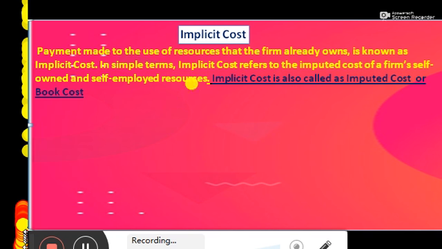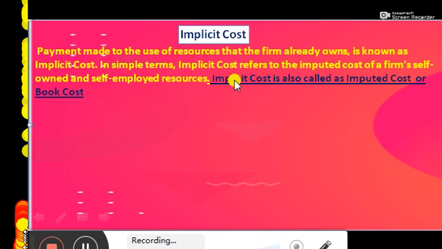This cost is not measured in monetary terms, it is measured by value. If an owner has a two-wheeler or vehicle and uses his own vehicle for transporting the firm's output or purchasing raw material, he may not take rent for the vehicle, but you have to calculate the sacrifice of the owner while estimating the real cost, the complete cost of production of the particular product.